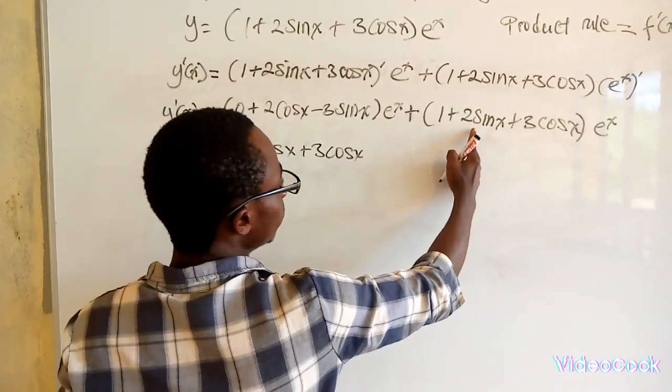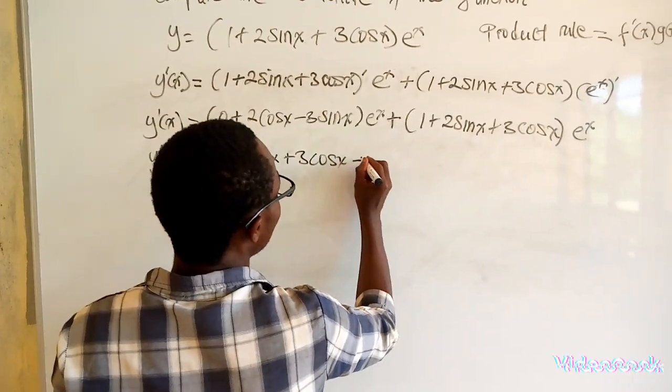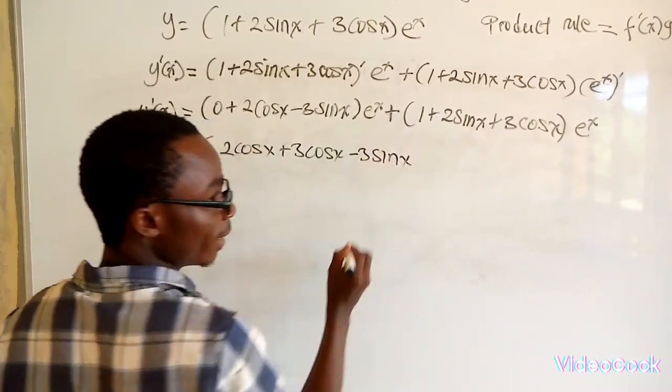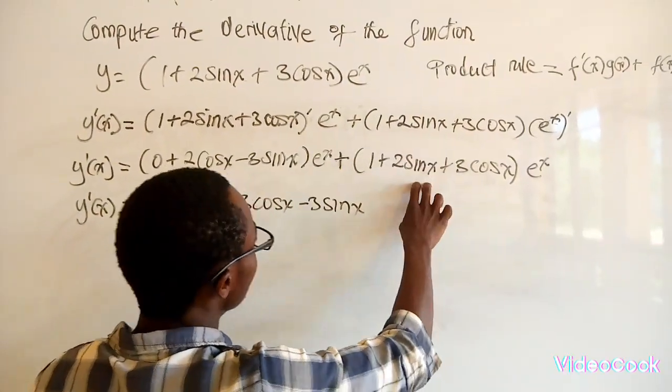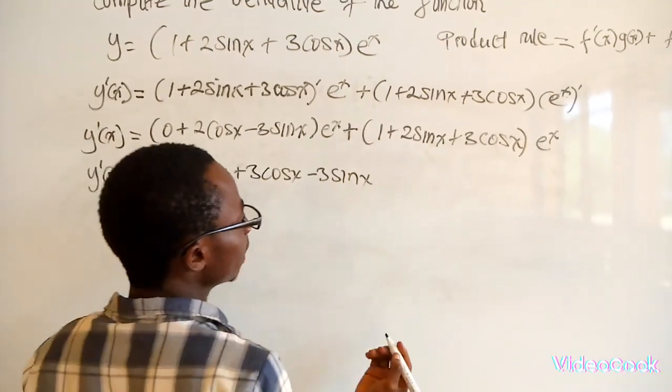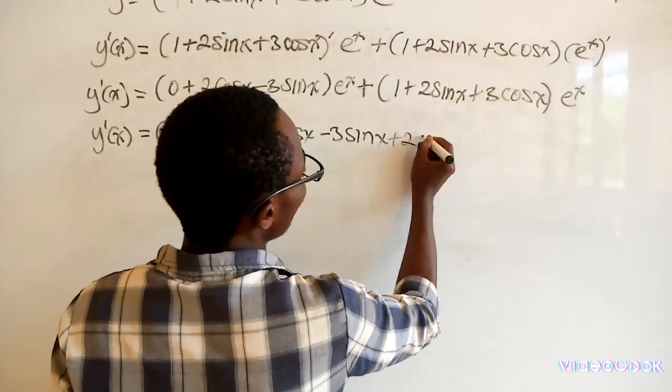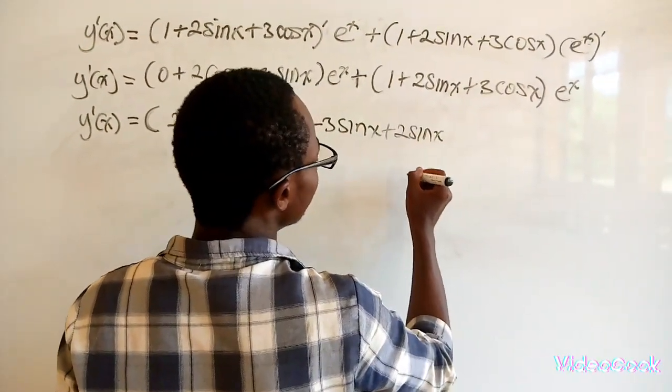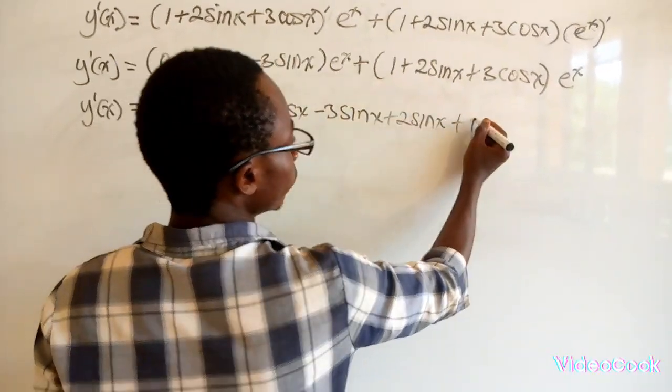The next term here is sin x, so we have minus 3 sin x. The sin here and the sin here we combine, so we add them and have plus 2 sin x, plus 1.